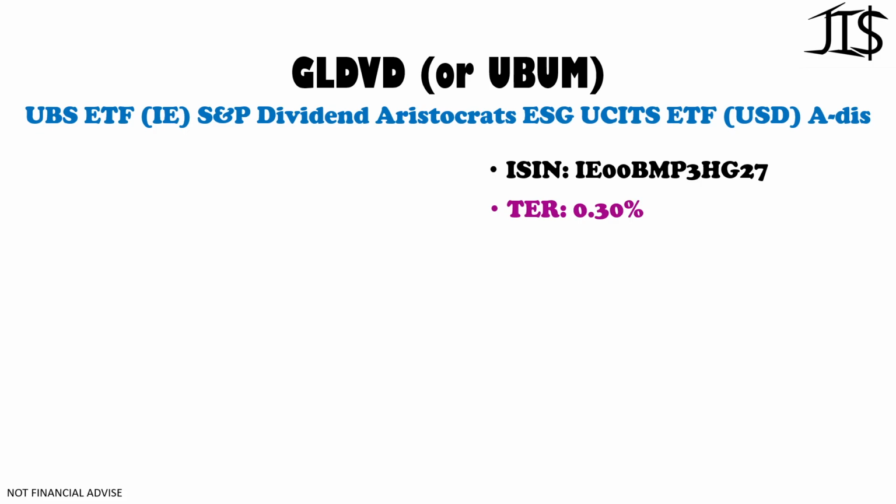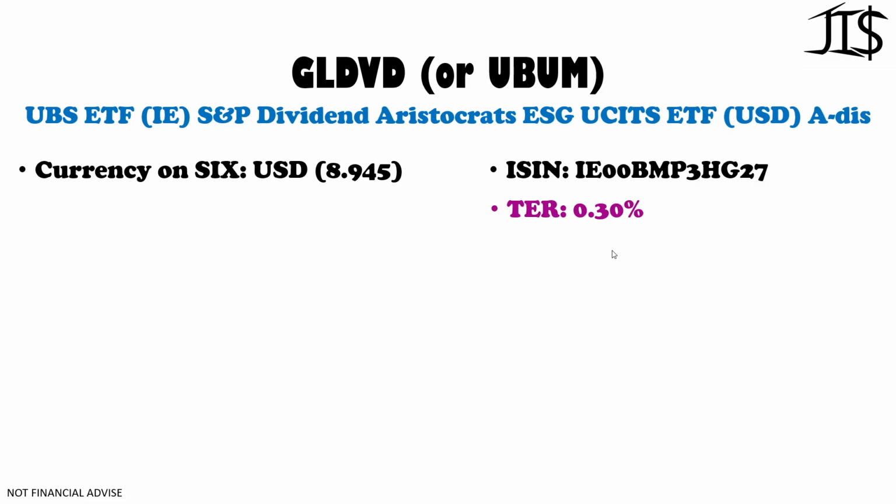It's also lower than a lot of other ETFs that I'm mentioning in this video right now. And that's not often the case for UBS. So for people that have an account at UBS and want to invest in an ETF, that's a really nice thing here with this ETF.